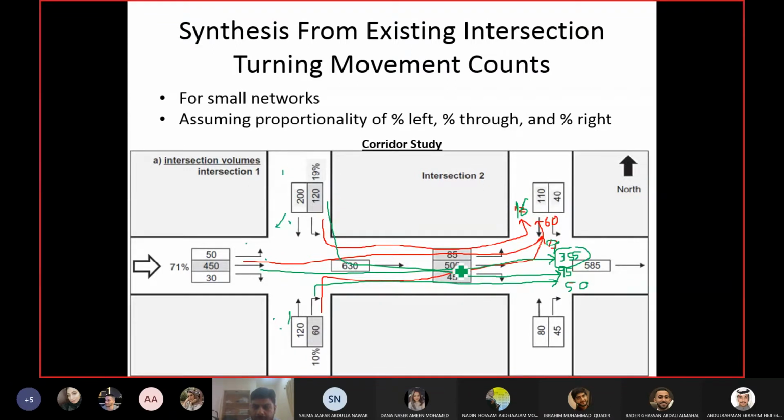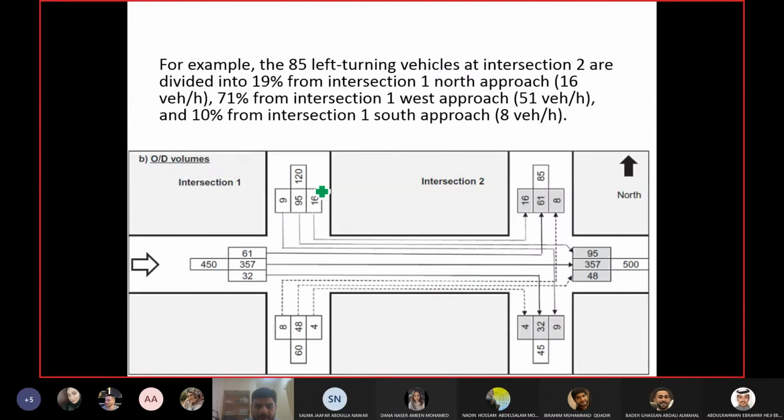Okay, so how did we divide 120? Whatever is coming from here was 19% of the movements at this intersection, right?